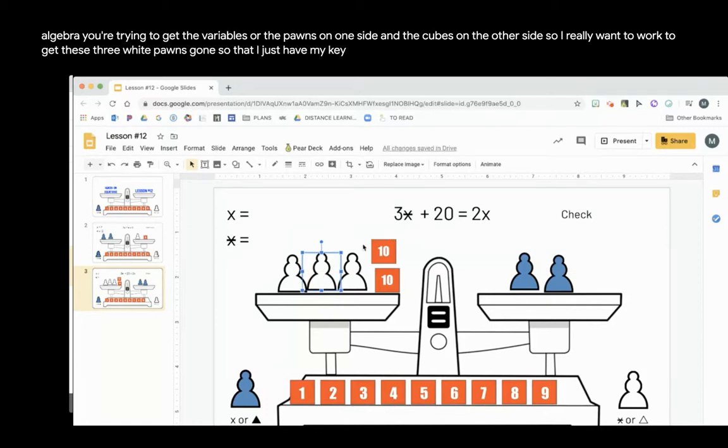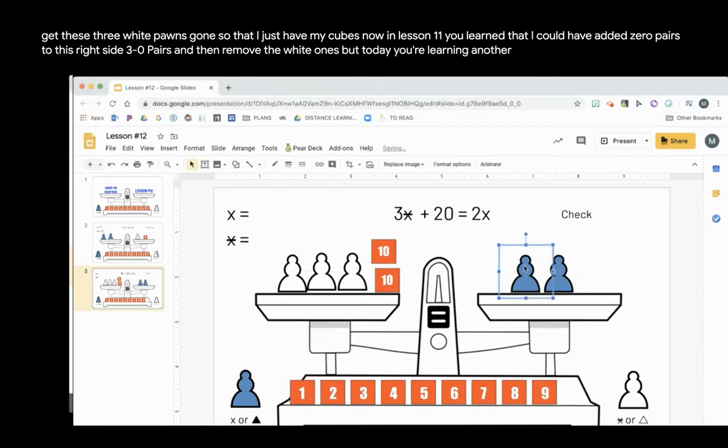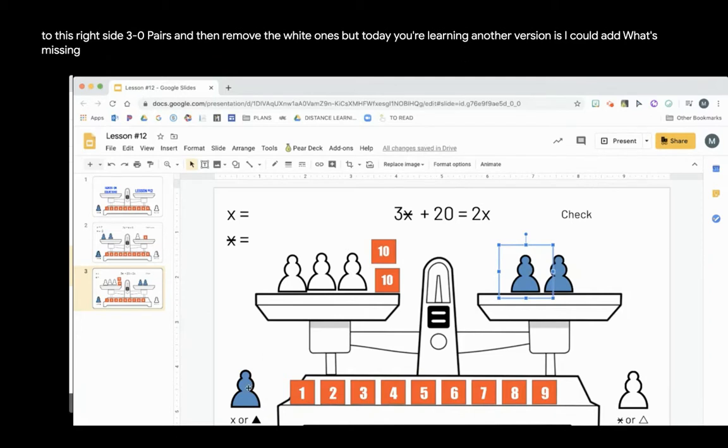So I really want to work to get these 3 white pawns gone so that I just have my cubes. Now in Lesson 11, you learned that I could have added 0 pairs to this right side, 3 0 pairs, and then remove the white ones. But today you're learning another version: I could add what's missing to create a 0 pair, and what's missing is a blue pawn.